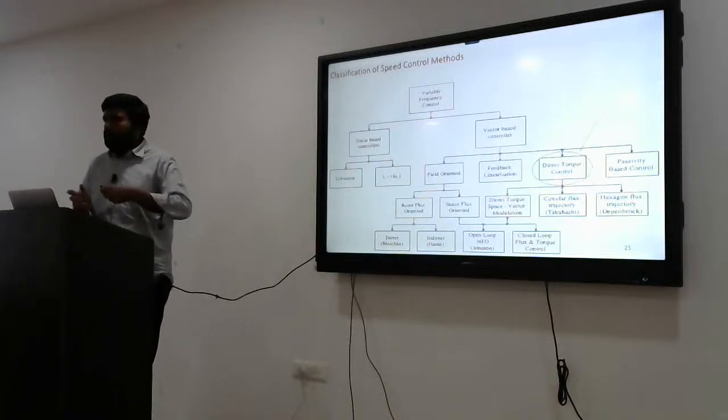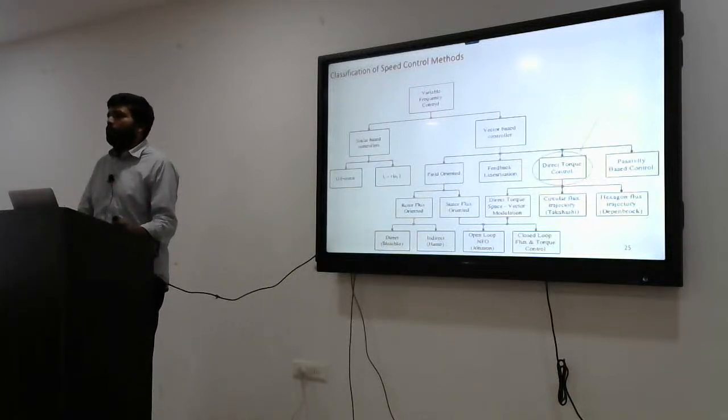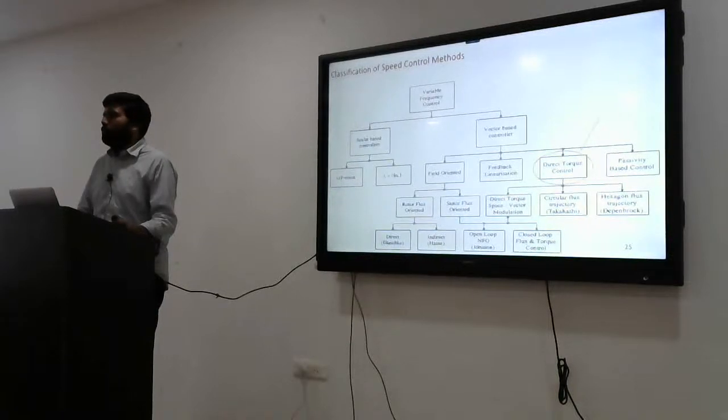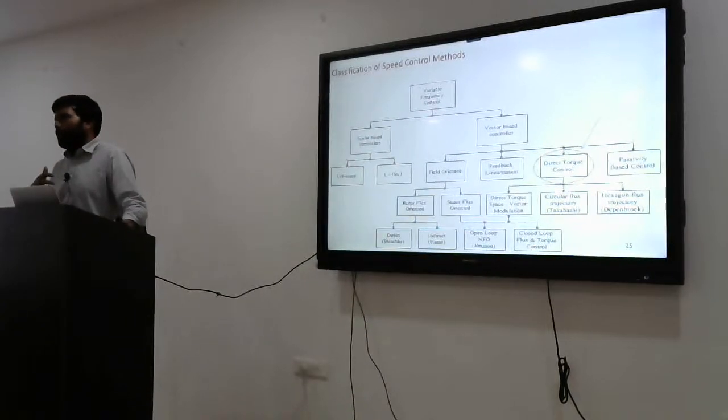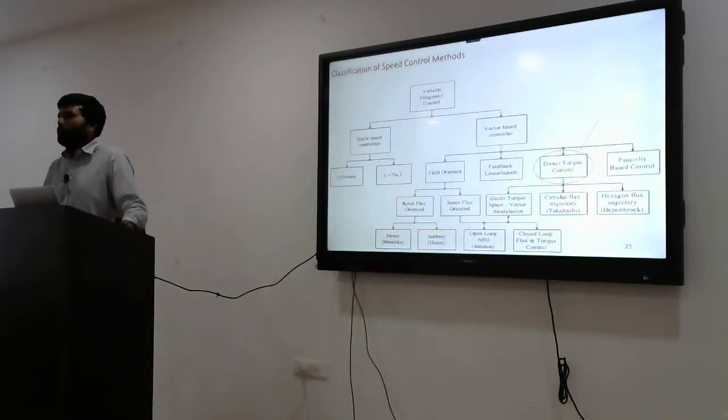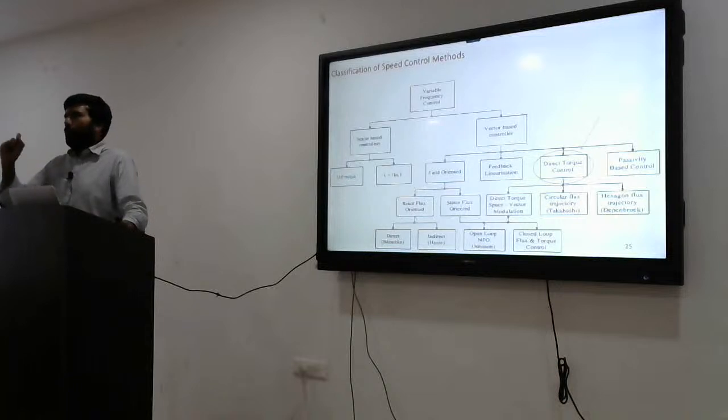Here, what we discussed before the break was Clarke transformation, Park transformation, and next cross transformation. Even if you take Park transformation or cross transformation, the only thing is the reference point is changing, but the actual system response is the same. Whether you take 3 variables, or 2 variables sinusoidal in nature, or 2 variables in DC nature, all will give the same information with less complexity.